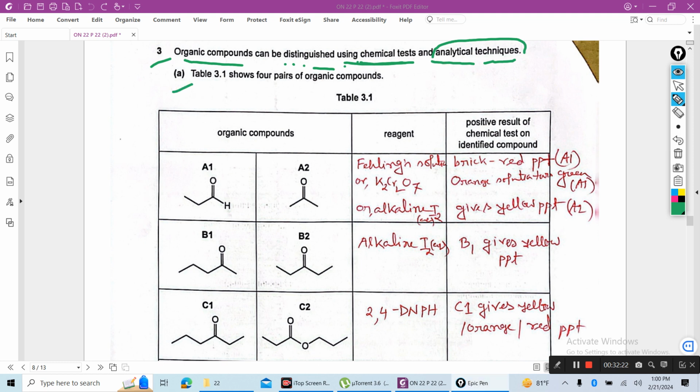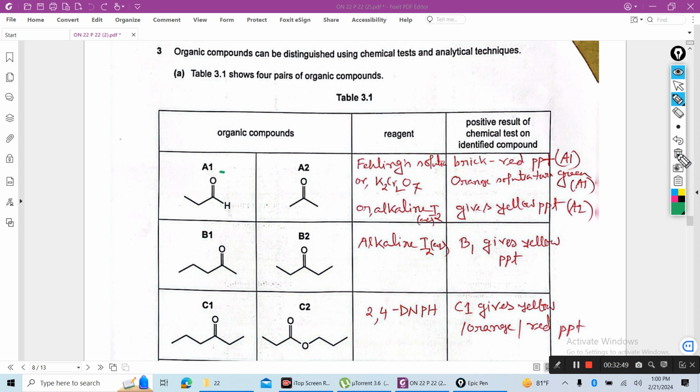Now, table 3.1 shows 4 pairs of organic compounds. Now pair 1, A1, A2, reagent, positive result.